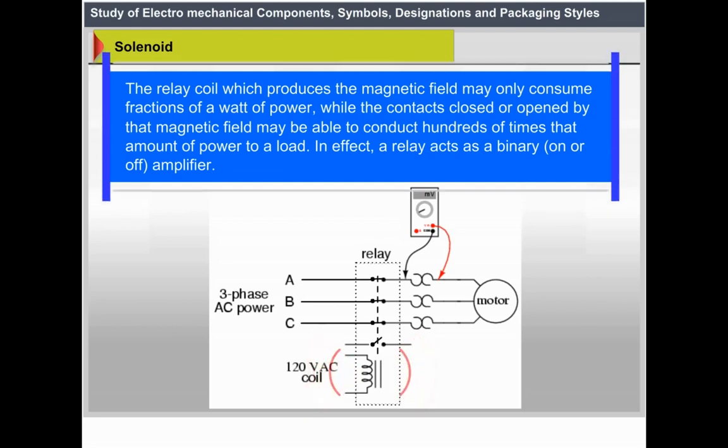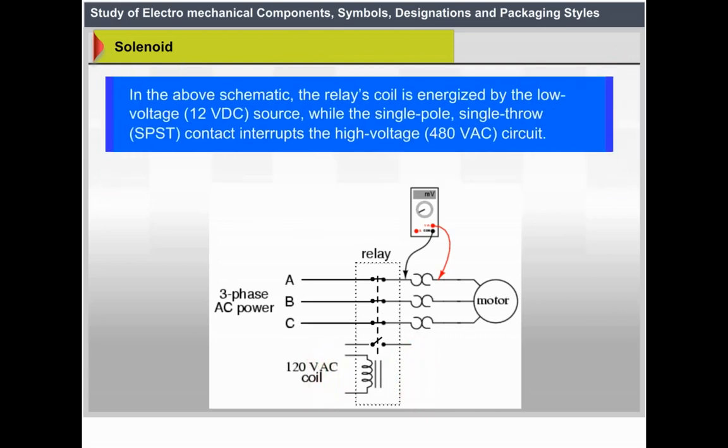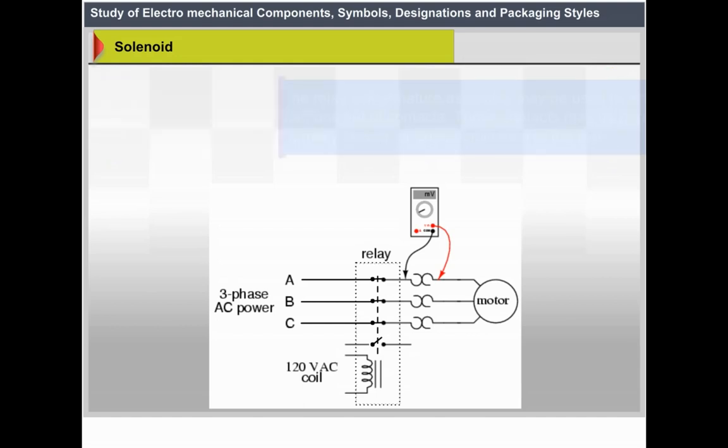In effect, a relay acts as a binary on or off amplifier. In the above schematic, the relay's coil is energized by the low voltage of a 12 volt DC source, while the single pole single throw (SPST) contact interrupts the high voltage of a 480 volt AC circuit.